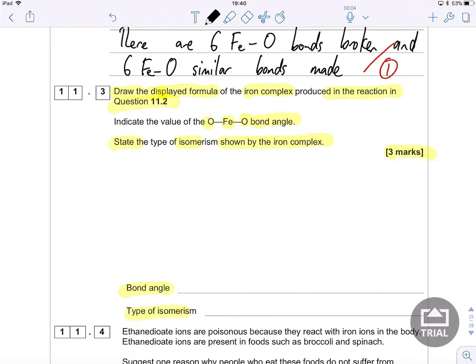To draw this, these ones are a bit tricky to draw, so just start off with the iron in the middle and then draw the bonds that you're going to have to draw in.